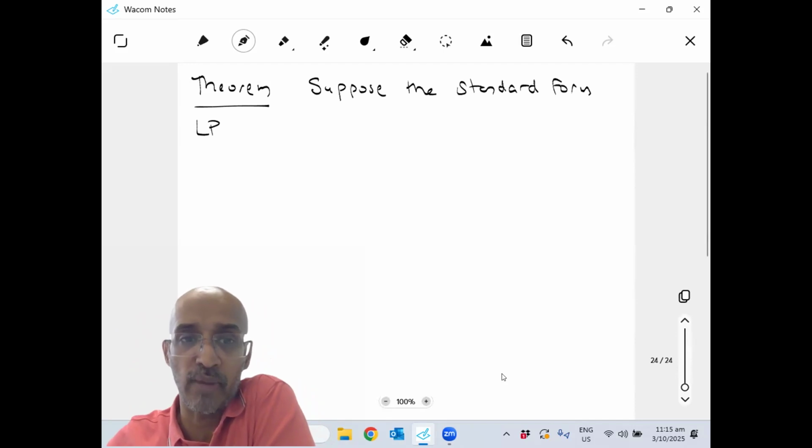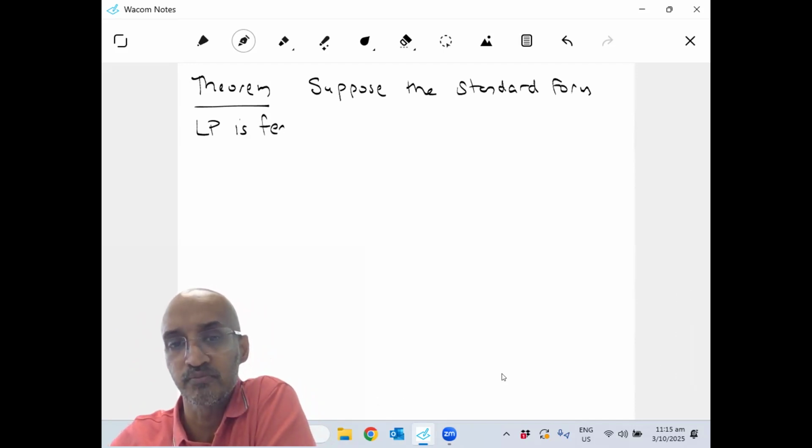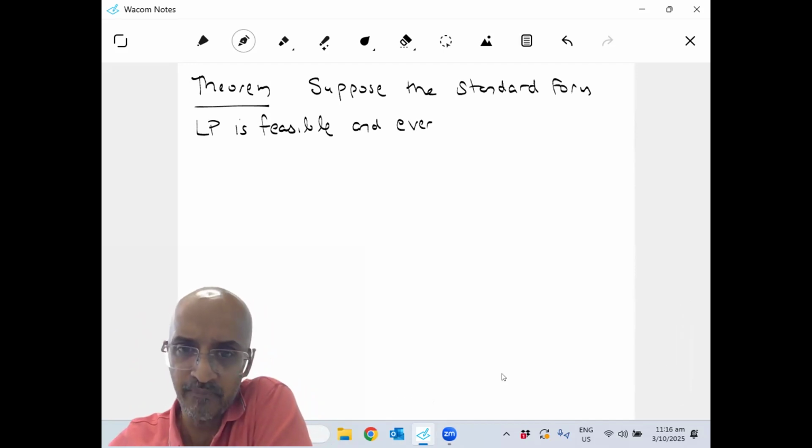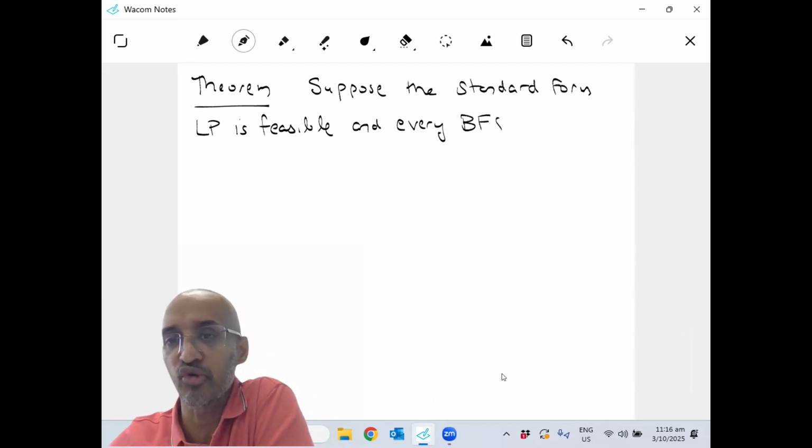Suppose the standard form LP is feasible, and we are making assumptions, and every basic feasible solution is non-degenerate.